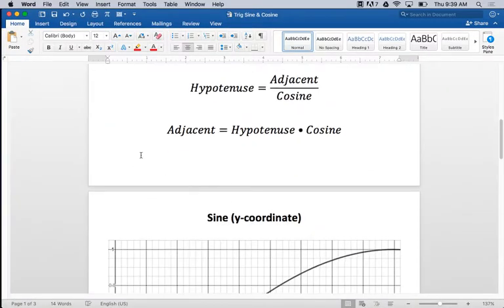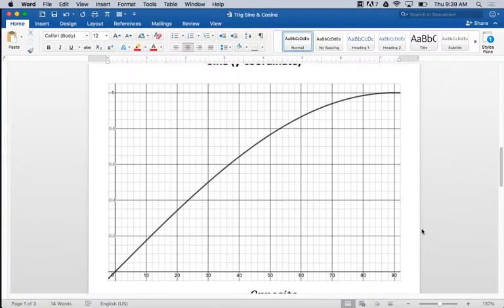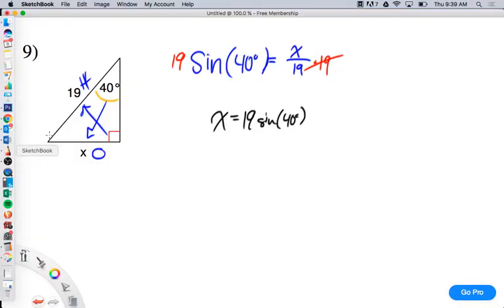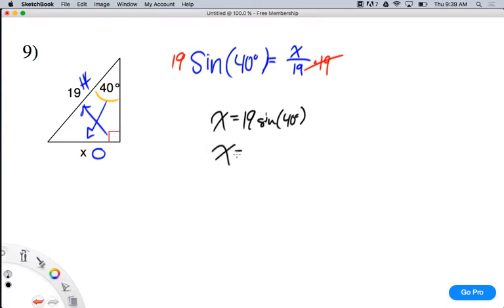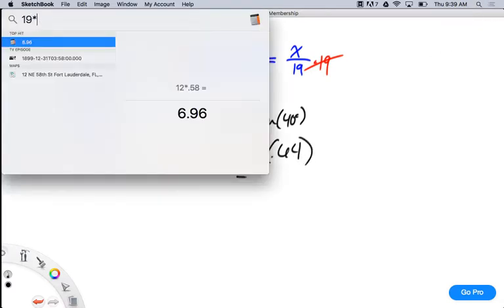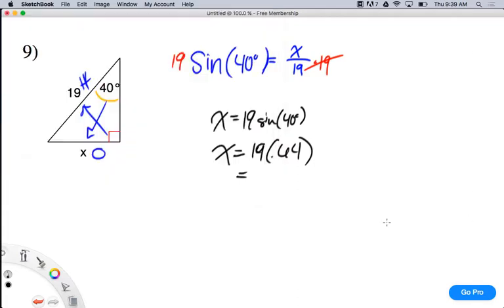Go to your graph or your calculator. 40 degrees right here, that's about 0.64. So I get x equals 19 times 0.64, or 12.2.